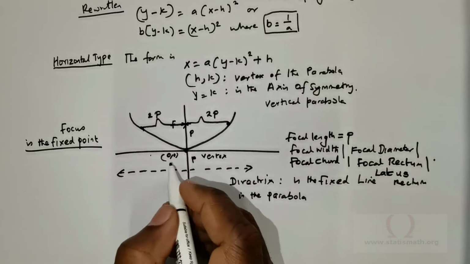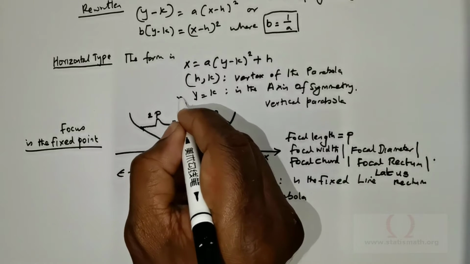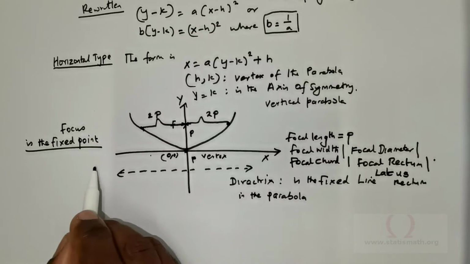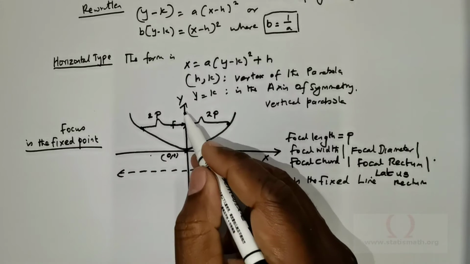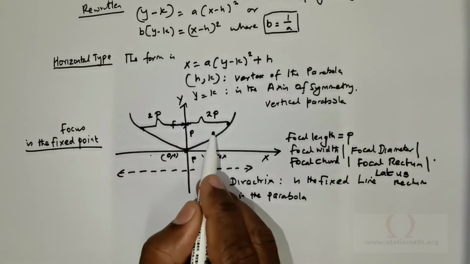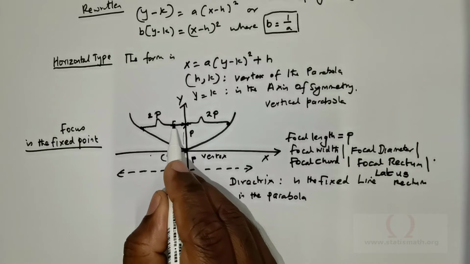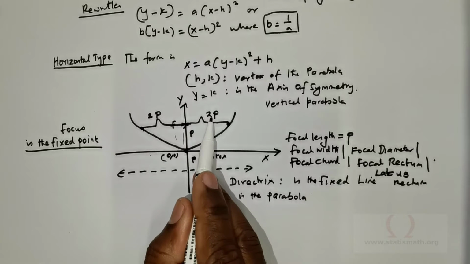So in this case, if I were to take this as x-axis and y-axis, the vertex is at 0, 0, and this is the axis of symmetry that divides the parabola into two parts, and we have got the focal length, which is p units. The focal width is 2p units.